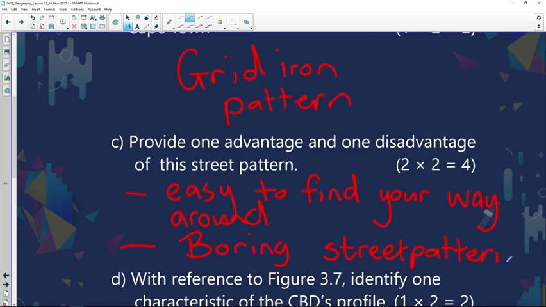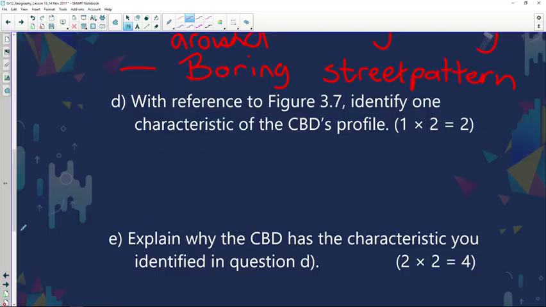Now, if you can remember, the reason why people chose the gridiron pattern, especially in CBD areas, is because the CBD land value is the highest among urban areas, and instead of moving outwards, they're moving up with their buildings, such as the skyscrapers.